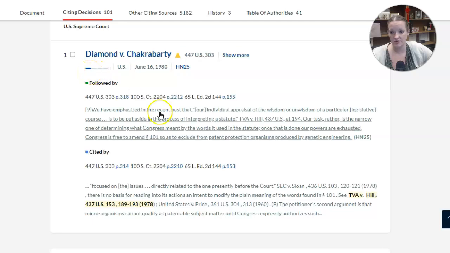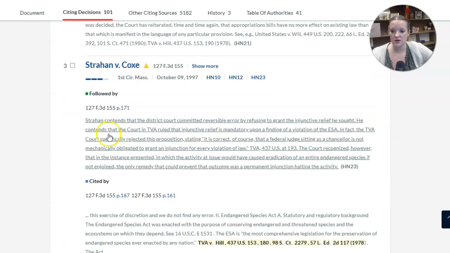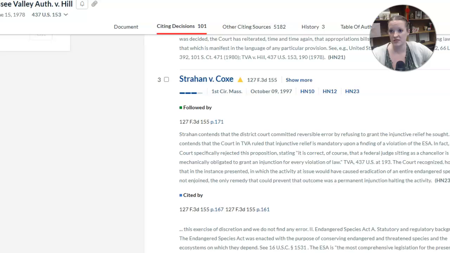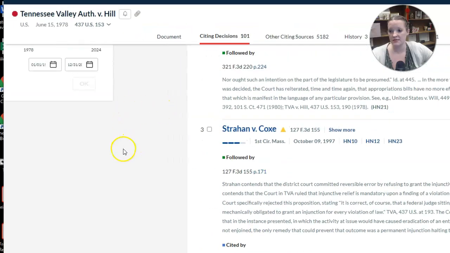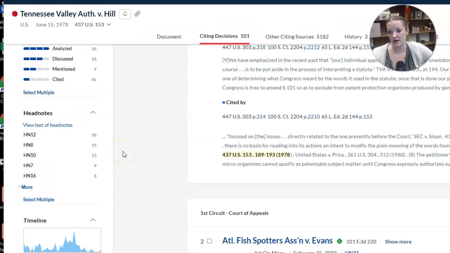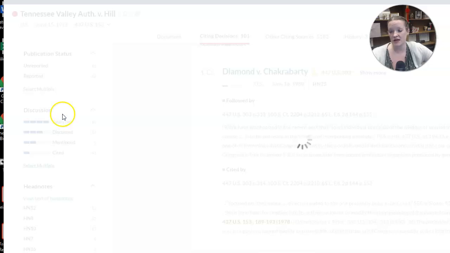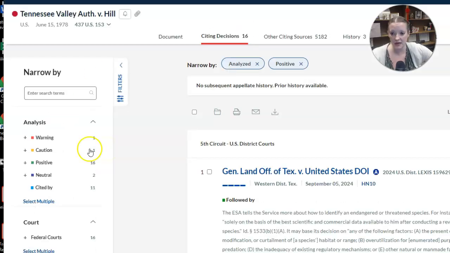So we've got just one bar here, and some more extensive discussion here with Strahan. And I'm going to move to the left here so that you can see that you can also narrow by the level of discussion, right? So you could look for only those cases that have most heavily analyzed our case, Tennessee Valley Authority. You can narrow in that way as well.